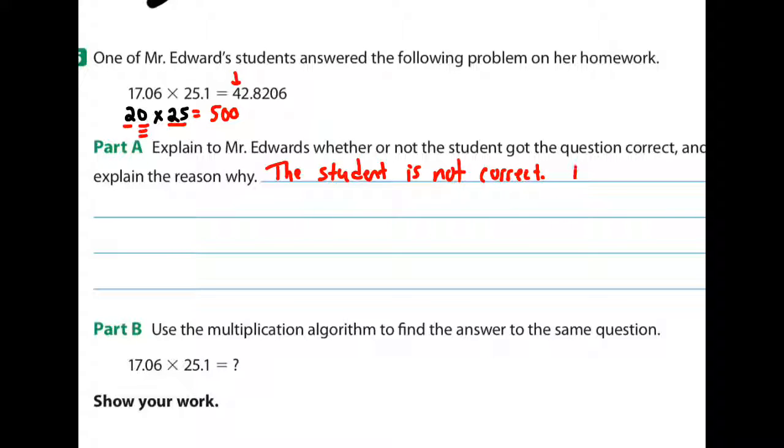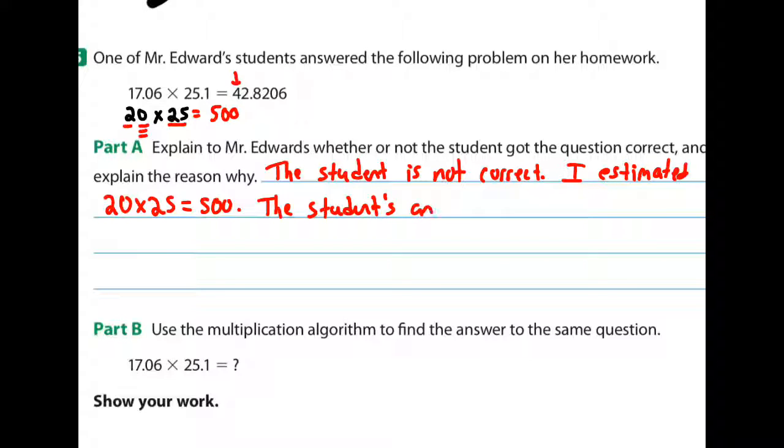So I'm going to say I estimated 20 times 25 equals 500. The student's answer is not close to 500, so it can't be correct.